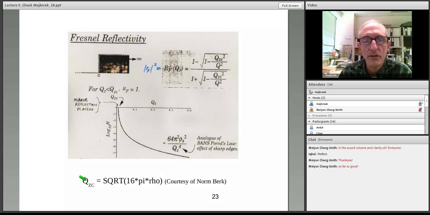So this critical Q is the square root of 16 pi times the scattering length density of that barrier, of this semi-infinite medium. Then, after this critical angle, the reflectivity falls off as 1 over Q to the 4th, the so-called famous Porod law that's well known in small angle scattering. So there's one type of scattering that occurs, the simplest case. You can solve this, as you see in the upper right-hand corner, analytically from this situation.